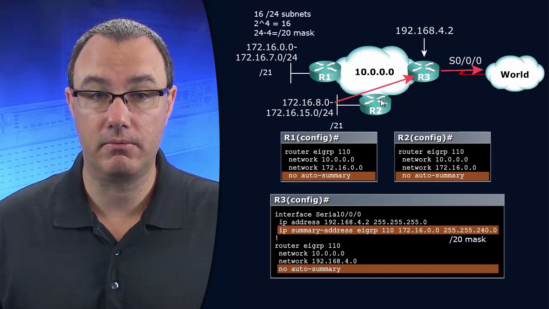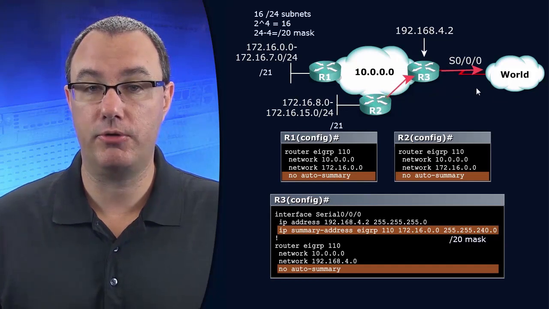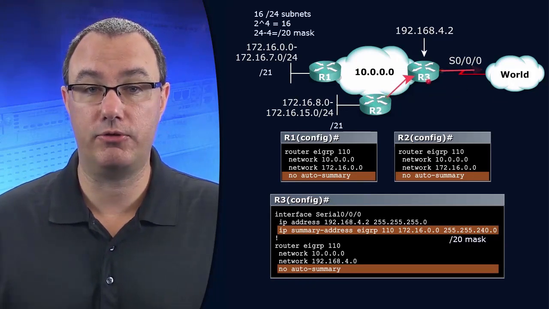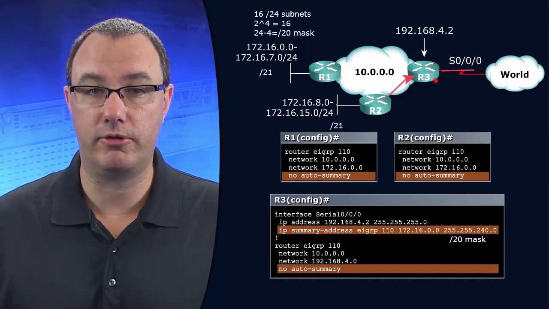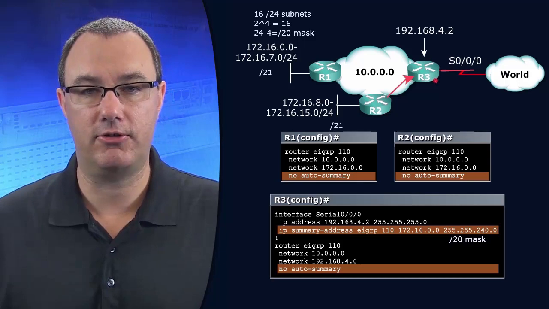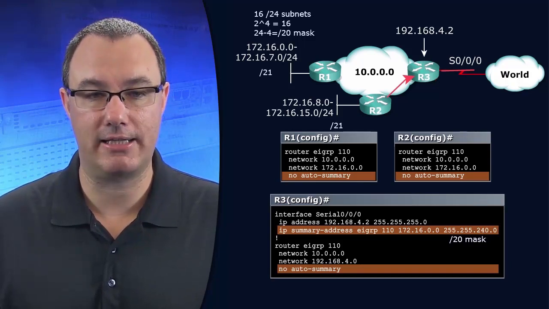It could have happened. We might have done that. But we chose to summarize at a different place. We chose to summarize at R3. So the choice is up to you and where you summarize, but it does need to make sense based on the topology and the administrative domains, things like that.